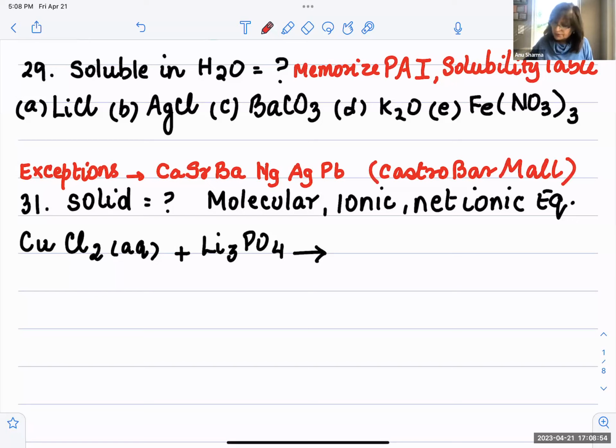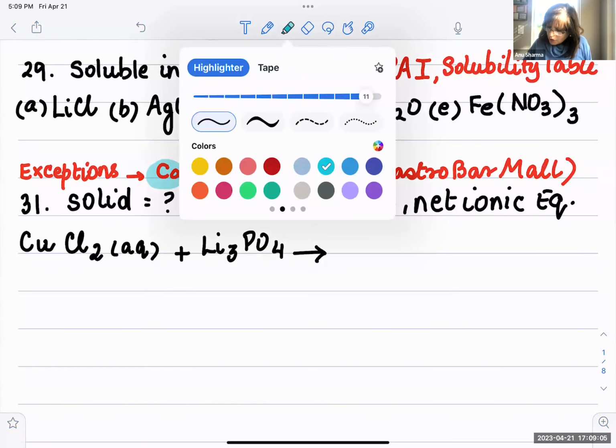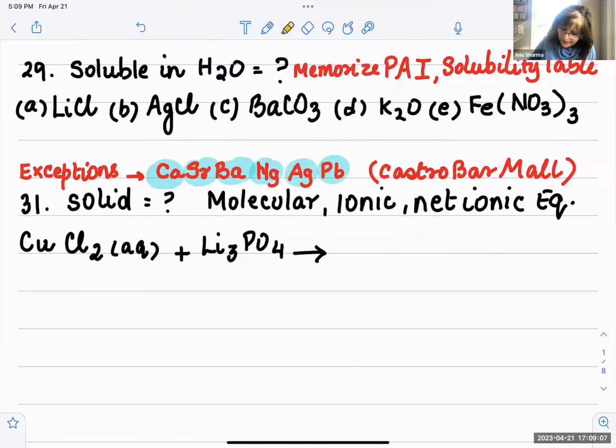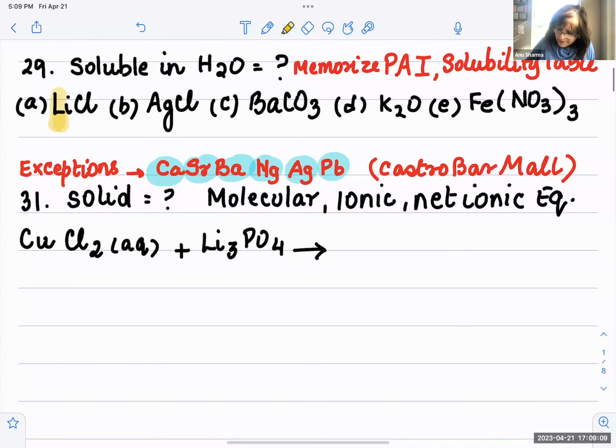So these exceptions, calcium, strontium, barium, mercury, silver, and lead, can be partially soluble or insoluble. First of all, lithium is group 1A, and anytime group 1A attaches to something, it is soluble. So this molecule is aqueous, soluble in water.